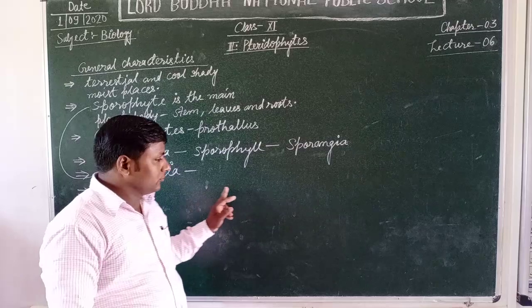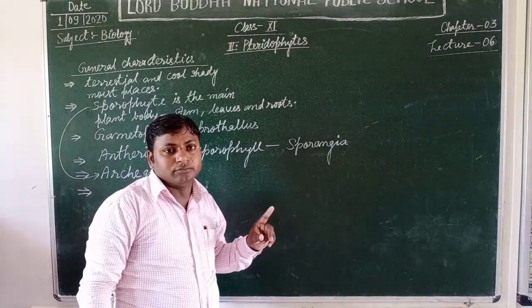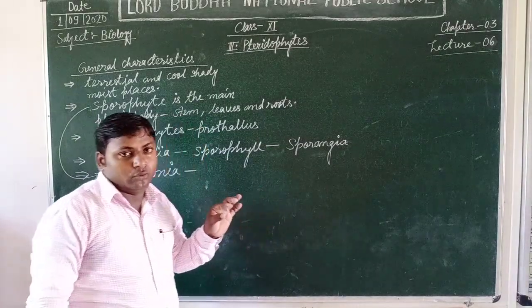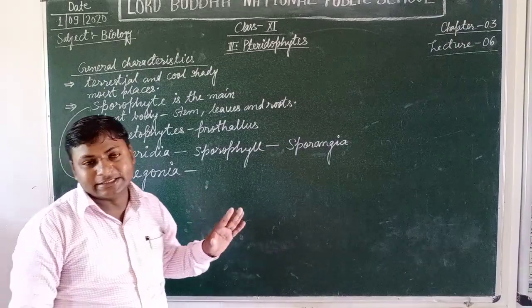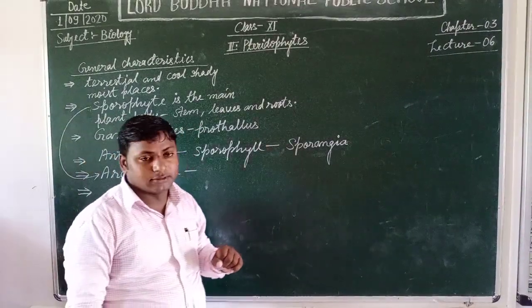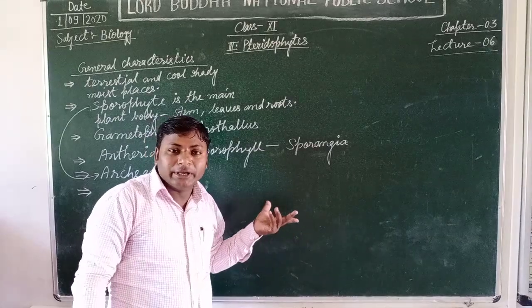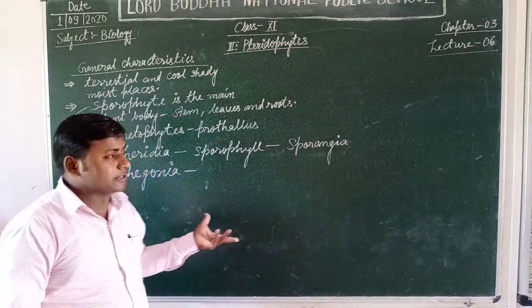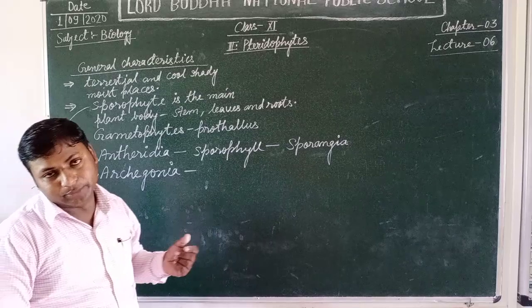The xylem has no vessels, meaning tracheids are absent in the xylem of the pteridophytes. Likewise, companion cells are also absent in the phloem tissues.